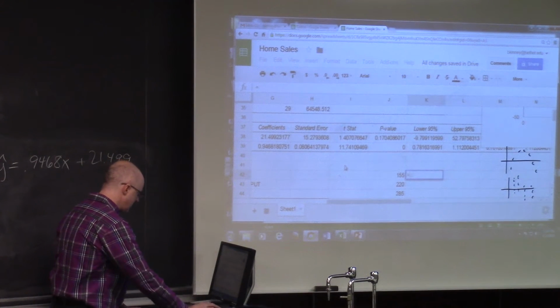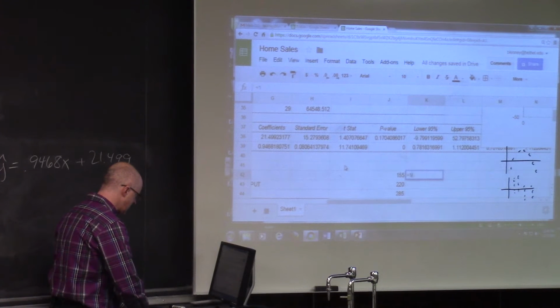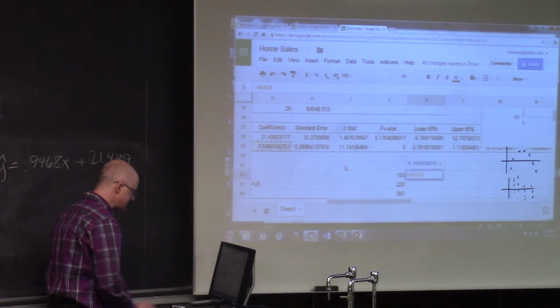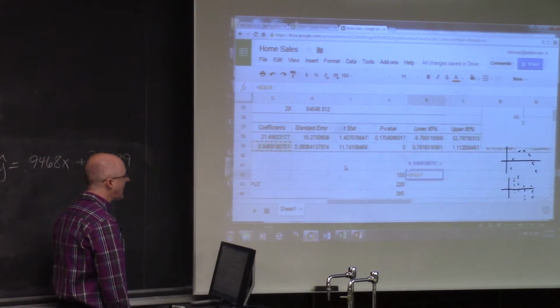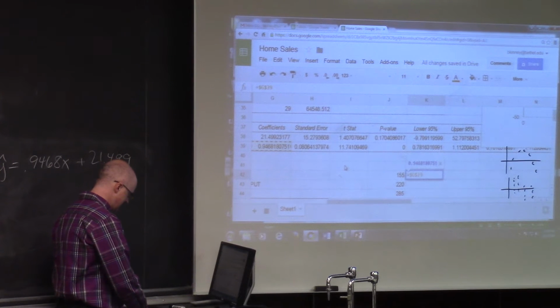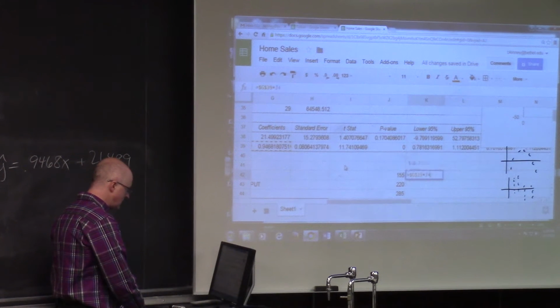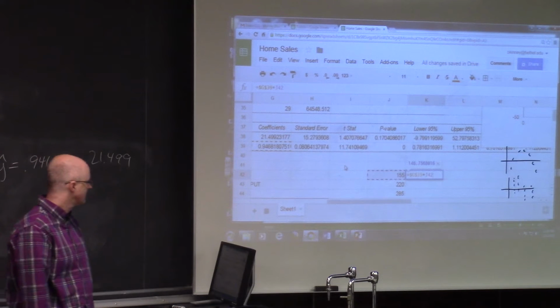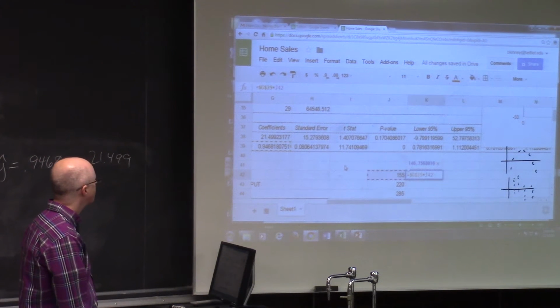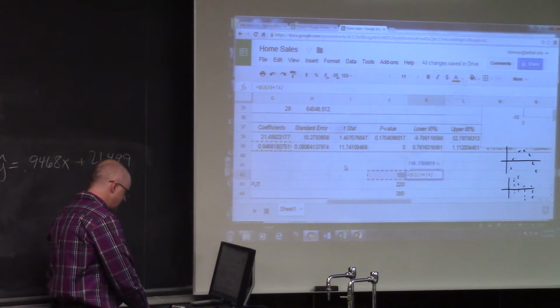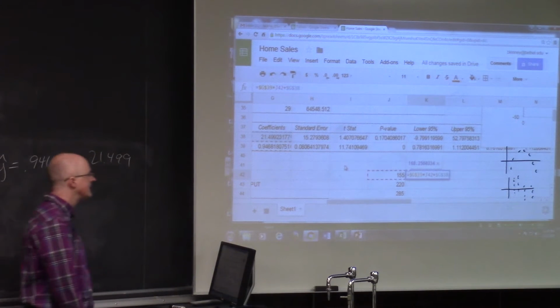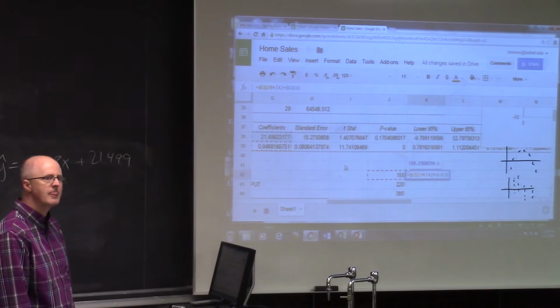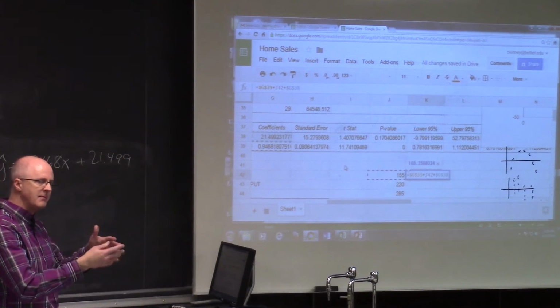You can do it with a formula. Here you can do equals $G$39. That's where the slope is. Times X, that's in the cell J42 here, plus the intercept, which is in cell G38, use dollar signs so that we can copy and paste.